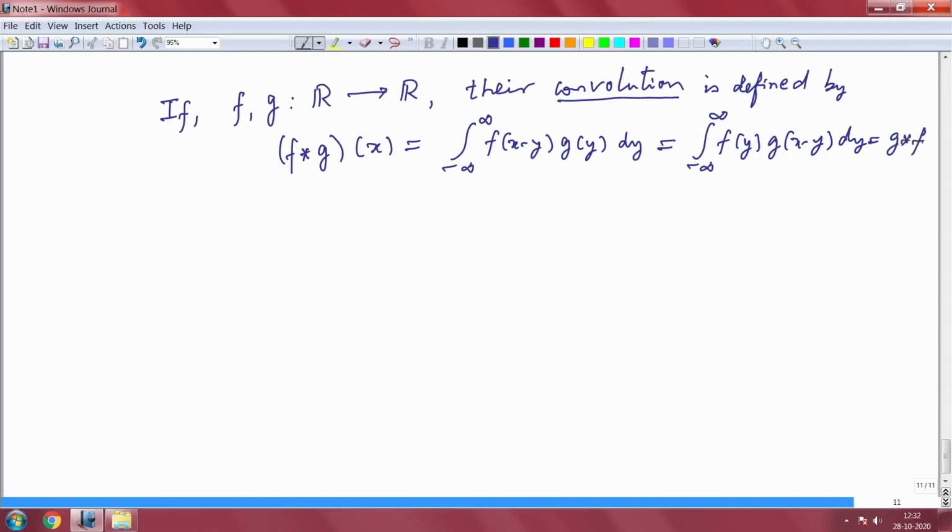So, this is g star f, provided the integral is finite. So, the star operation, the convolution operator, is a commutative operator. So, in this sense we can write with this notation u x t as k star, I will put a function here, t star g of x.